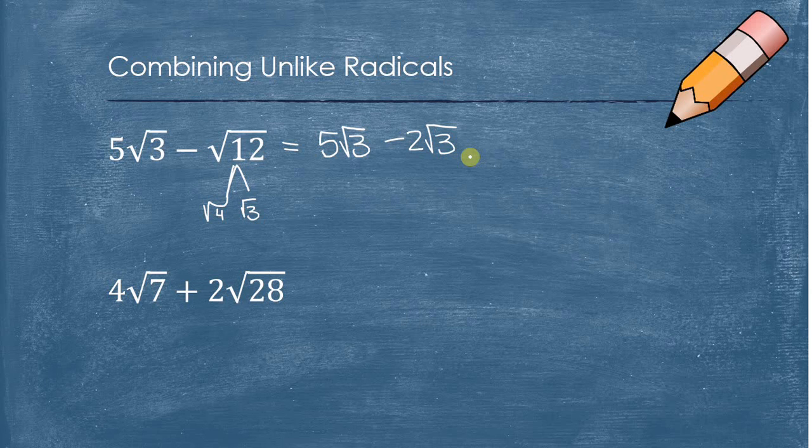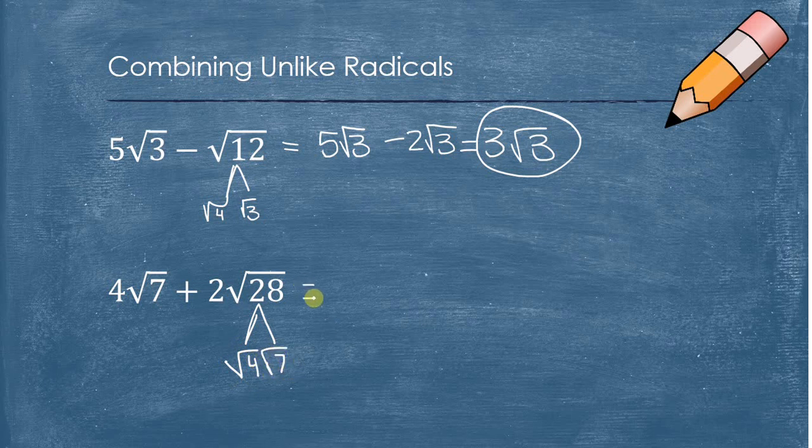Awesome. So now I can just subtract. So 5 square roots of 3 minus 2 square roots of 3, well, that is just 3 square roots of 3. Pretty simple, right? What about 4 square roots of 7 plus 2 square roots of 28? I can't break down the square root of 7, but I bet I can break down the square root of 28. A perfect square that goes into 28. Let's see, if I divide it by 4, I'll get 7. So I'll get the square root of 4 and the square root of 7.